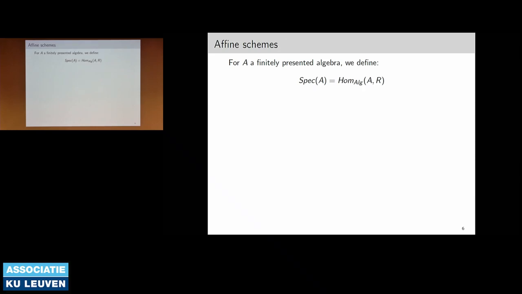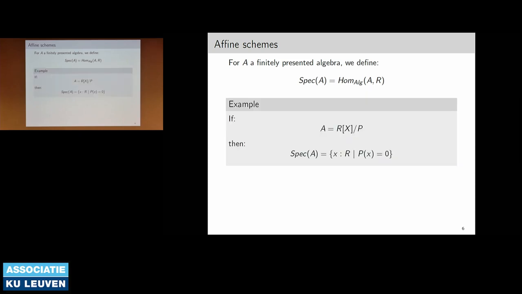Okay, so now let me define an affine scheme. So first, for any finitely presented algebra over the base ring R, so algebras and modules are always over the base ring R, and I never write it. Then we define what is called the spectrum of the algebra, which is the set of morphisms of algebras from A to the base ring.